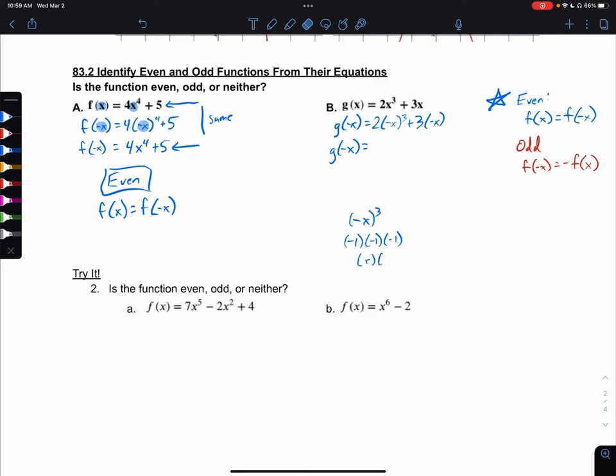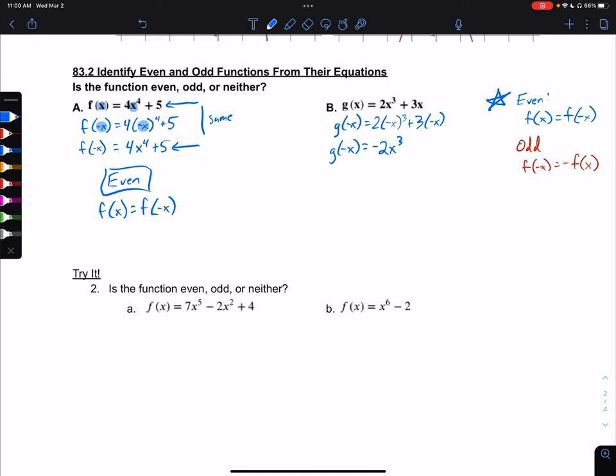sorry about that, this would become a positive 1. That negative 1 comes down, and then I would get a negative as my result. So anytime I'm multiplying a negative an odd number of times, it's going to be negative. So this negative x cubed times the 2 is going to cause that term to become a negative 2x cubed.